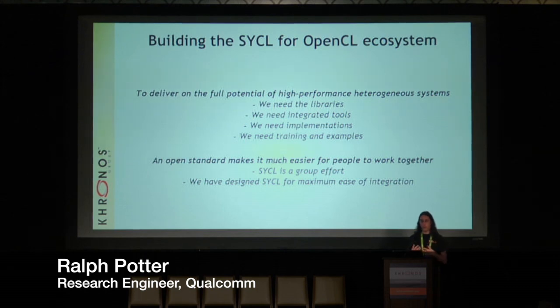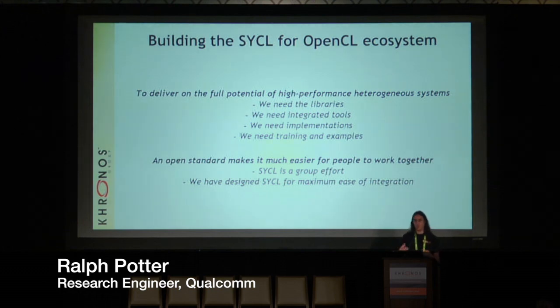So where do we go from here? To really build on SYCL and build an ecosystem on top of it, we need more libraries, we need tools that interact with it, we need implementations, they're on their way, we need training and examples. So today we have an open standard that makes it much easier to work together to do these things.